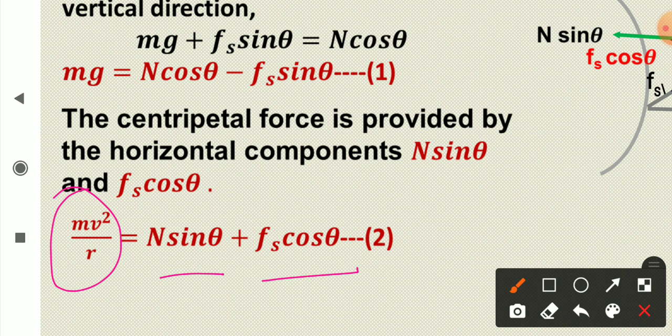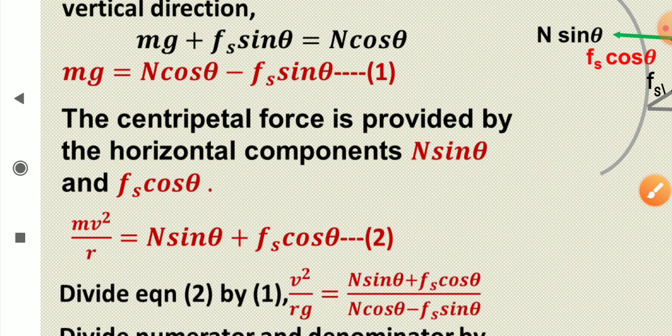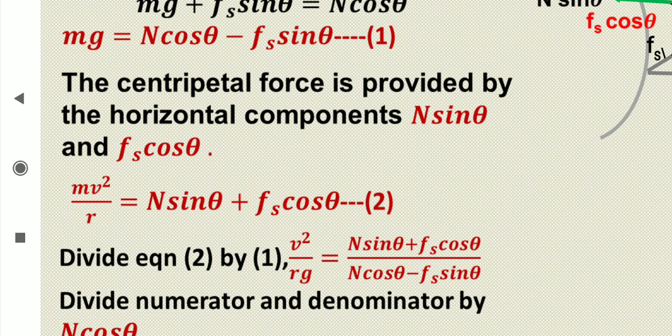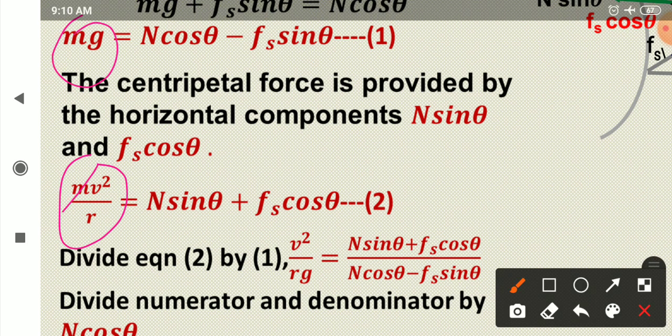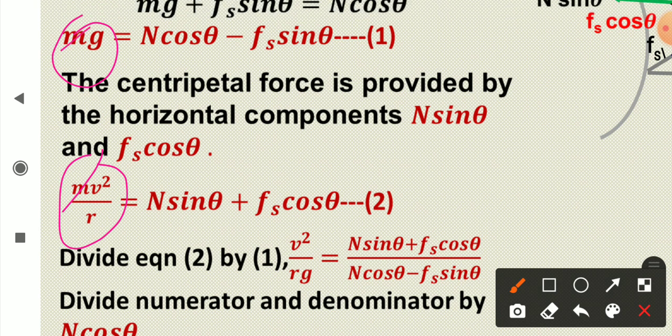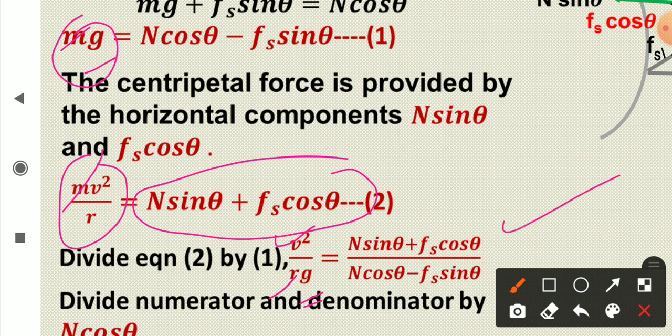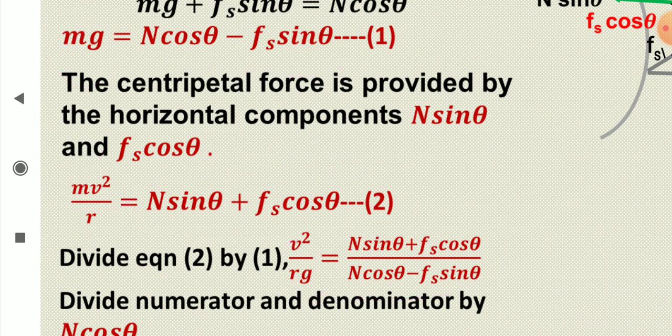And now what we do is divide equation 2 by equation number 1. So what will you get? See, on the left side this m is cancelled, and then you get v square upon r, and this g also comes in the denominator, and on the right side n sin theta plus fs cos theta upon n cos theta minus fs sin theta, as you can see.